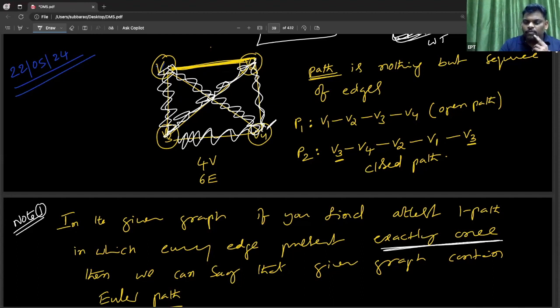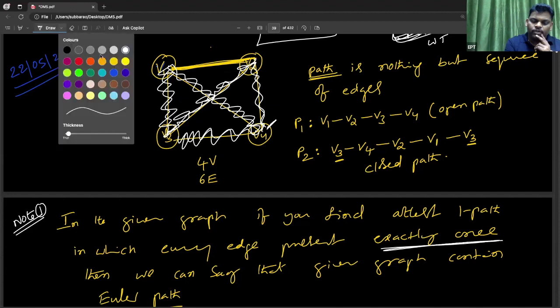So let's see this one. Because it is an undirected graph, it looks like that. In a directed graph, there is no meaning for that. Now let's see V1 to V2, V2 to V3, V3 to V1. I will read once again, using another color.